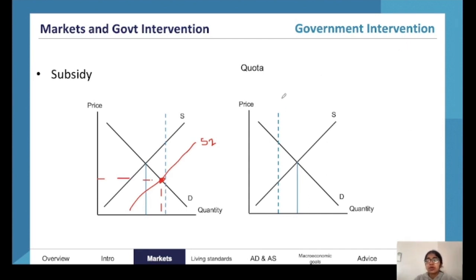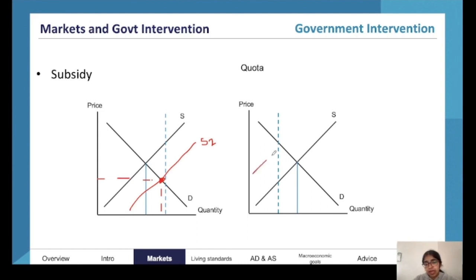Quota. If the government says there is a limit now on how much you can supply, that pretty much says you're not allowed to supply as much.